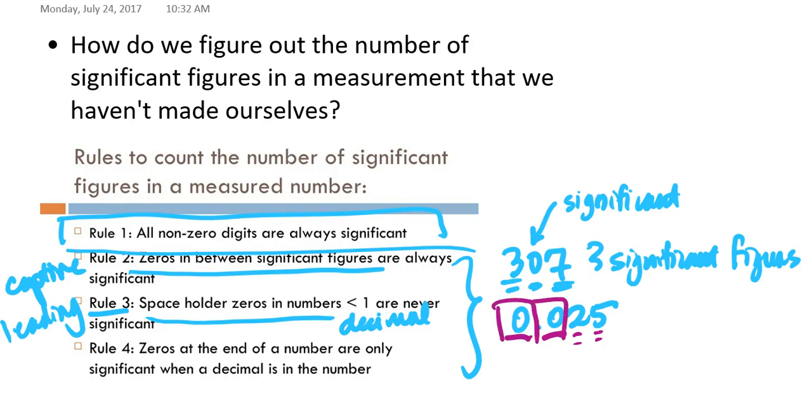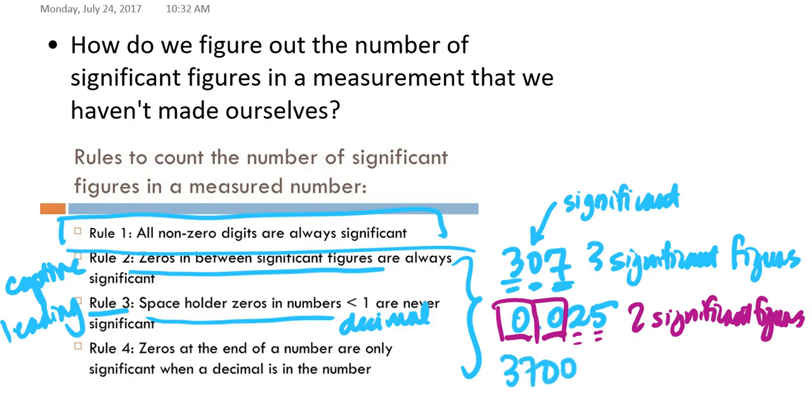So that 0 and that 0 are not significant, but the 2 and the 5 are, so I have 2 significant figures in this value. But what about if I have a number like 3,700, let's say?